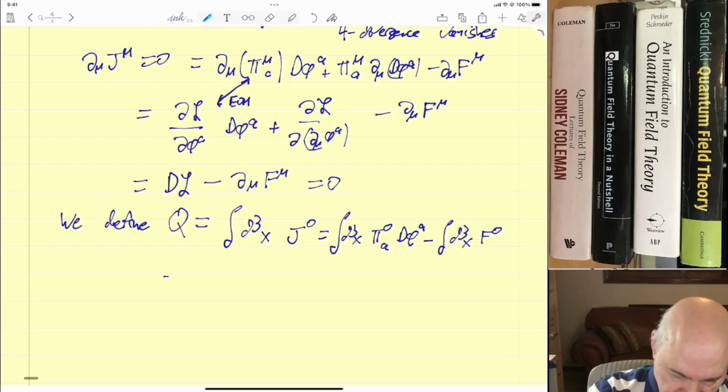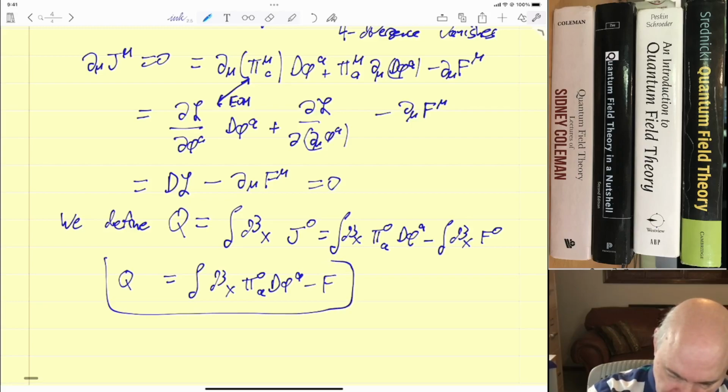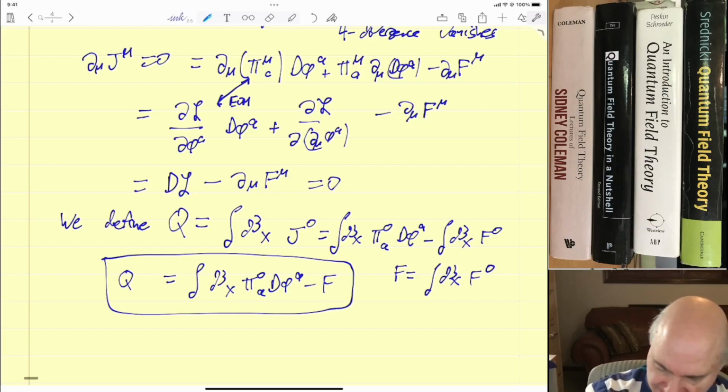I'll rewrite it. And here I've just defined f again, as in the field theory case, as the spatial integral of the time component of f0. So you see the analogy of what we did before.